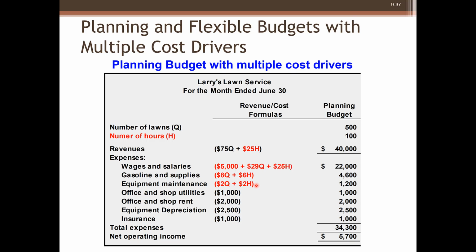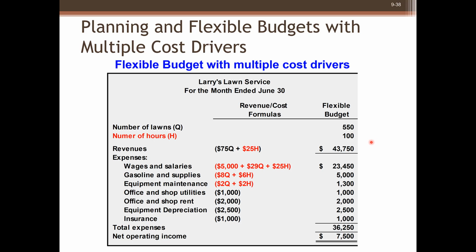And equipment maintenance, $2 per lawn plus $2 per hour. For other expenses, they're fixed. Total expenses here, $34,300. We subtract total expenses from revenues and we get net operating income, $5,700.